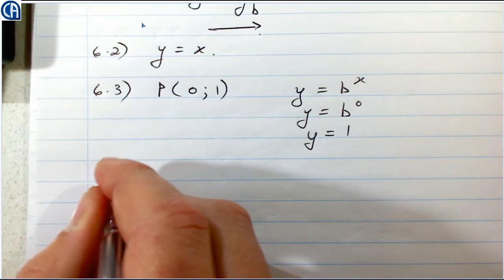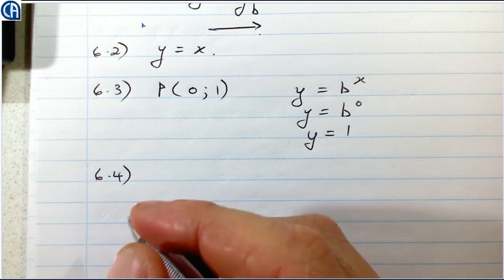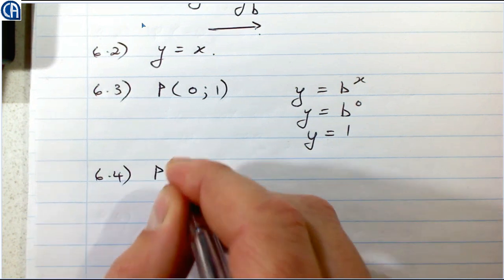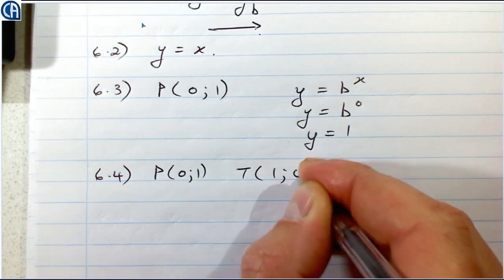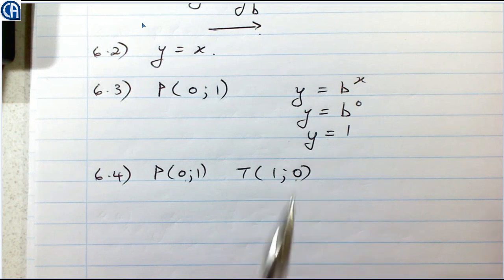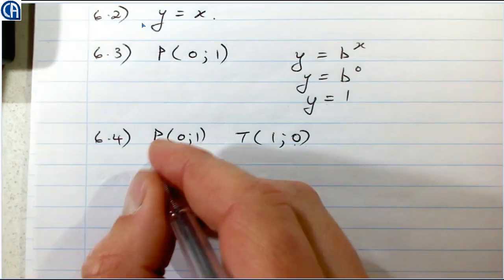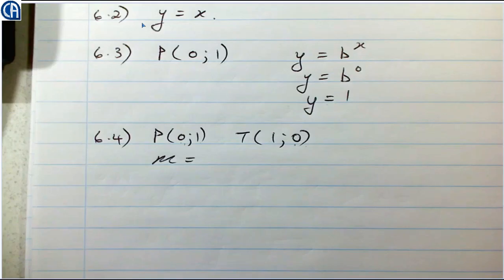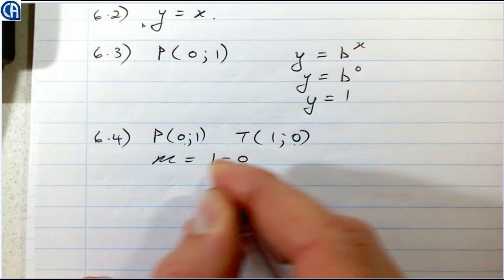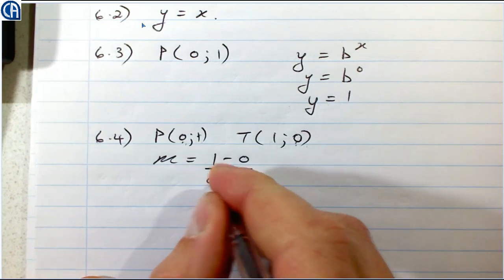6.4. Determine the equation of the line passing through P and T. So P is 0 and 1, and T is 1 and 0, obviously the inverse of that. You swap x and y for the inverse. So the gradient there would be 1 minus 0 over 0 minus 1.